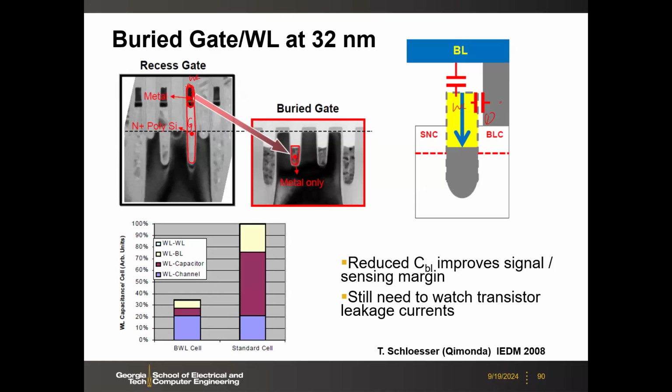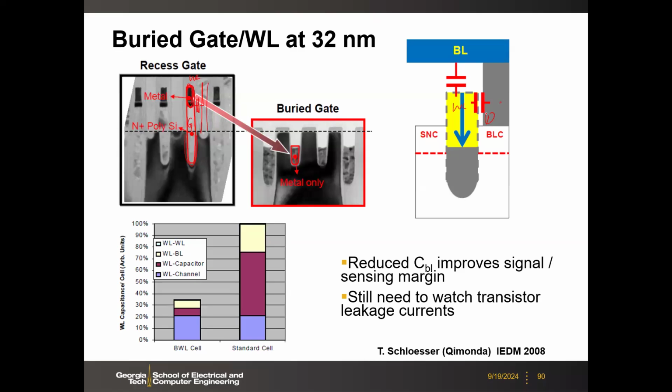This black one is the WL in and out of the plane, right? And then we have the poly gate, and then we have the gate oxide somewhere here, and then you have the recess channel. So then you have your bitline contact here, right? So we have this overlap. That is this number 1 component in the parasitics.